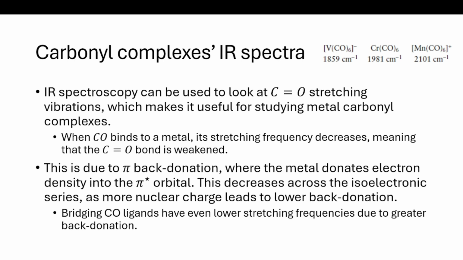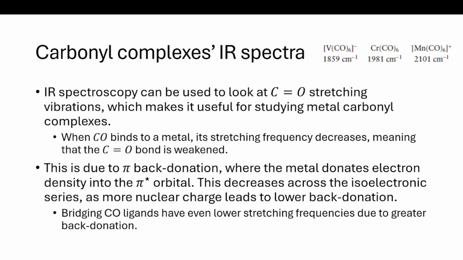Now, remember when I told you guys that carbon monoxide can act as a ligand? Well, carbonyl complexes can actually be observed using IR spectroscopy. And that's because it can be used to look at how fast, or what frequency, the carbon-oxygen double bond stretches in these complexes.